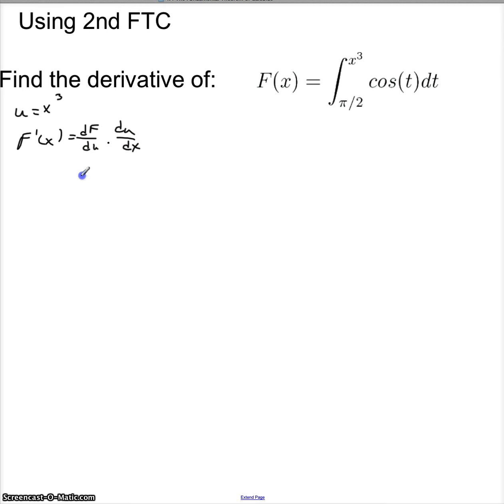Now, I also know that d du of f of x, now this is kind of my definition here, du dx is equivalent. Now I'm going to substitute in f of x is this integral. So this is d du of the integral from pi over 2 to x cubed of cosine t dt. And this is all going to be times du dx.